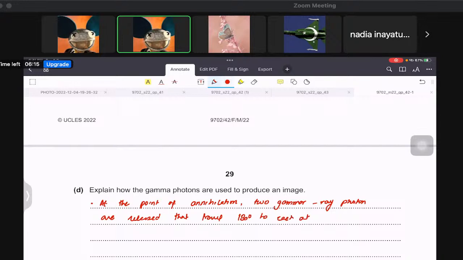You can also write opposite if you want to. It's fine. So that's 1 mark. These are detected by series of ring detectors, right? That would be one more mark.